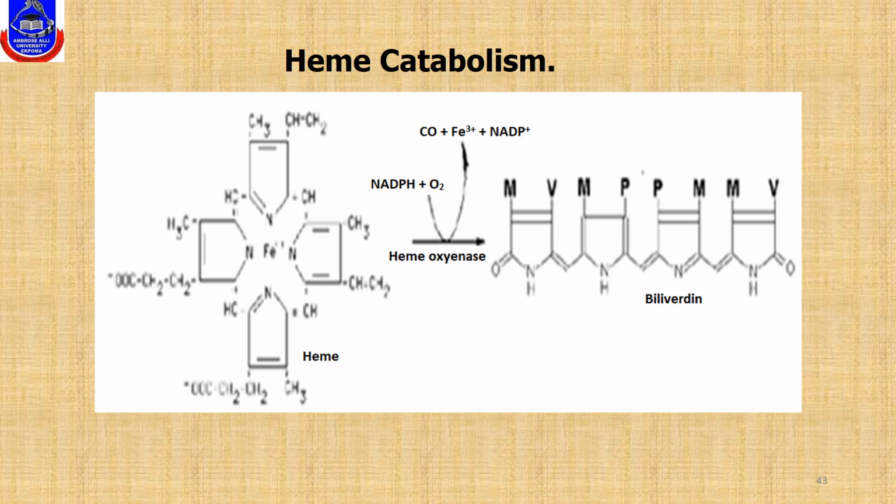Now, this is the pathway for the heme catabolism or heme breakdown. The enzyme required here is heme oxygenase, to give us biliverdin.